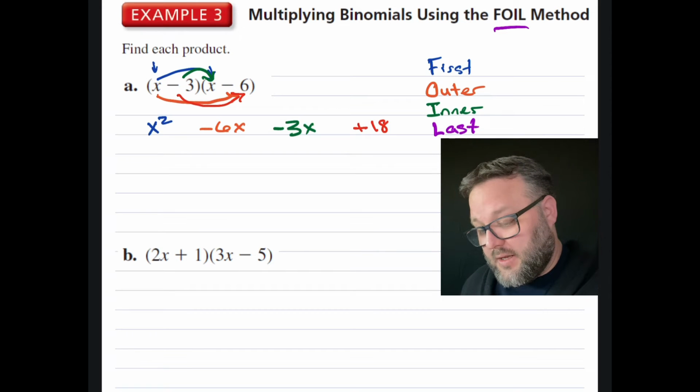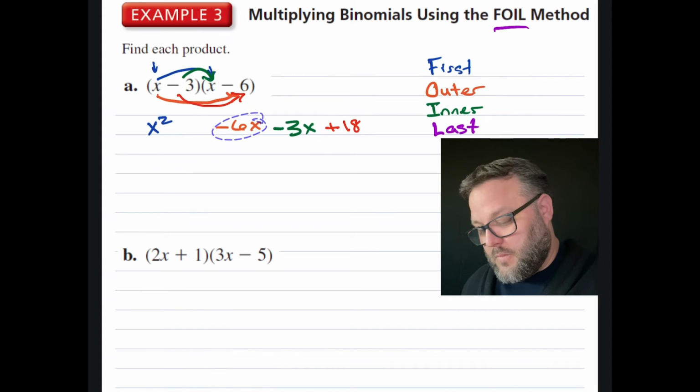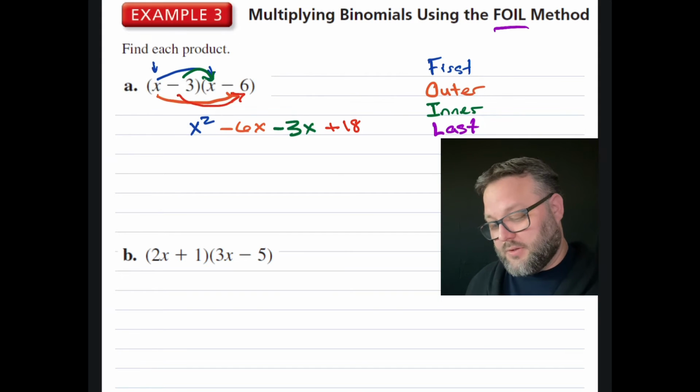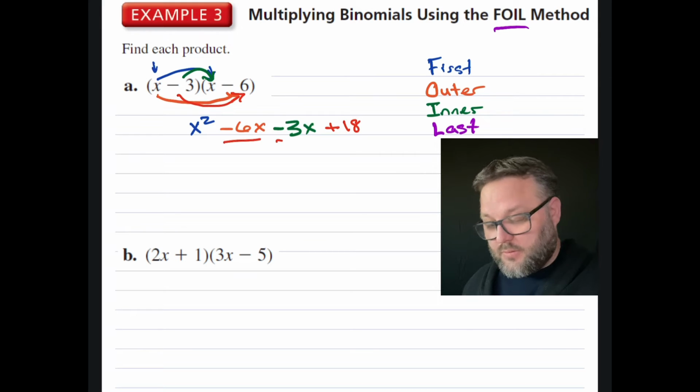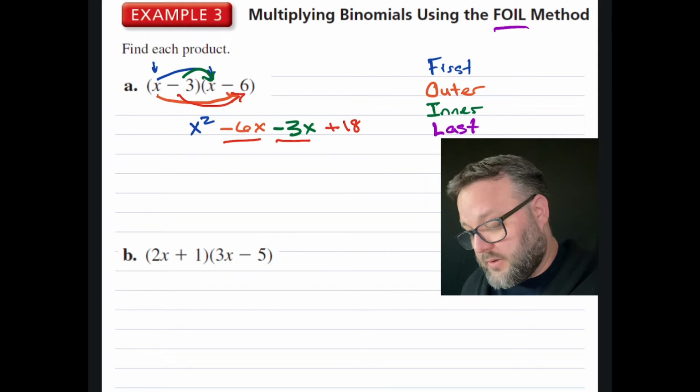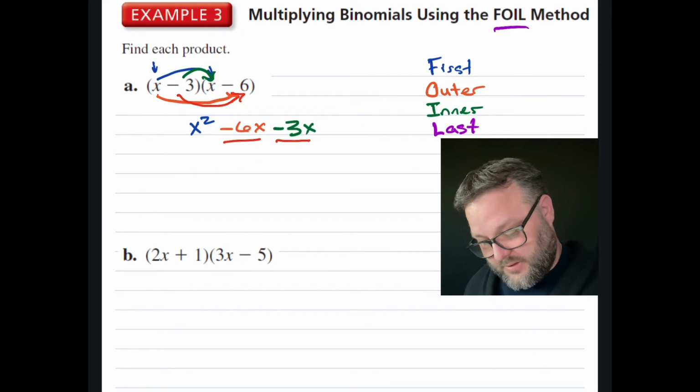Now, when I take all these and I just rewrite them, I'll have a new equation. Now, I can combine these two terms. The other two are kind of on their own. Oh, I didn't color coordinate very well, did I? This should have been purple. I skipped right over that.